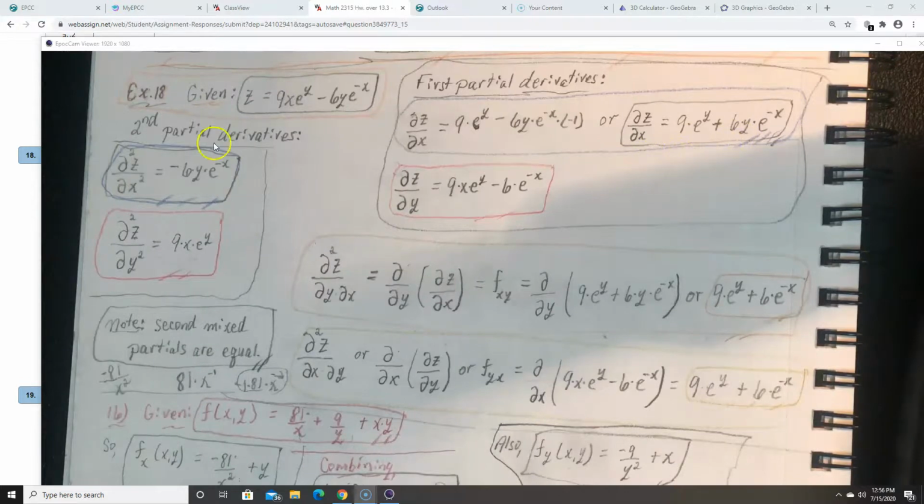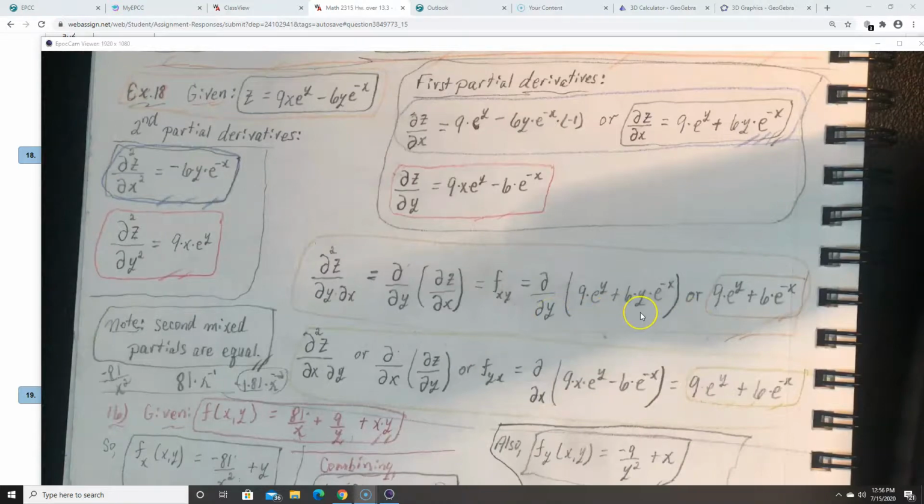This is called a second order or second partial derivative, but it's a mixed partial derivative because we already differentiated it with respect to x. Now we're going to take this answer and differentiate it with respect to y. So right here we took the partial derivative of z with respect to x. That was this right here. And now we're going to take this and differentiate it with respect to y.